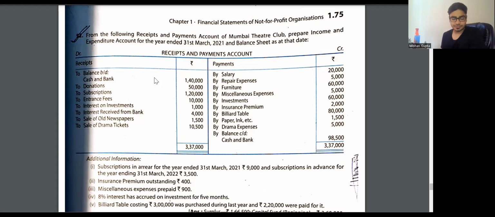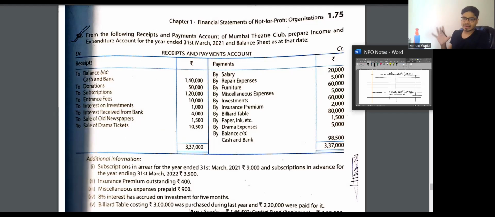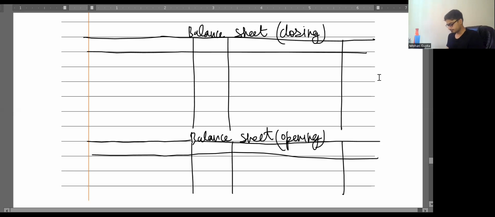Second, look at the additional information. And third, look at the income and expenditure account that you have just prepared. Try to find at least 8 or 10 assets and liabilities. Start.